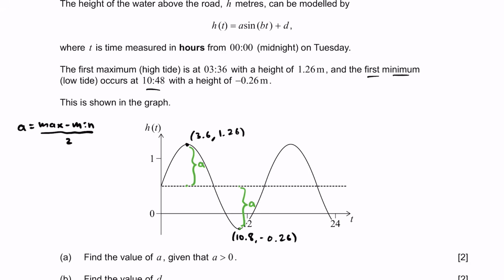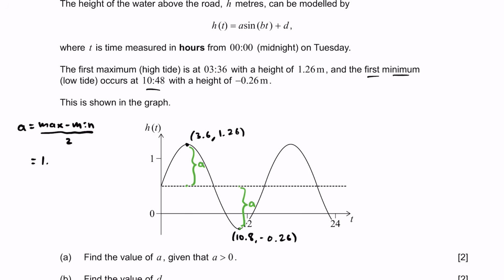So remembering conceptually that A, the amplitude, is the height of the wave from the midline. If we take the total height, from the highest point to the lowest point, we would have 2 complete waves. So take that total distance, divide by 2, and it gives us the height of one wave, essentially. All right, so let's substitute and work that out.